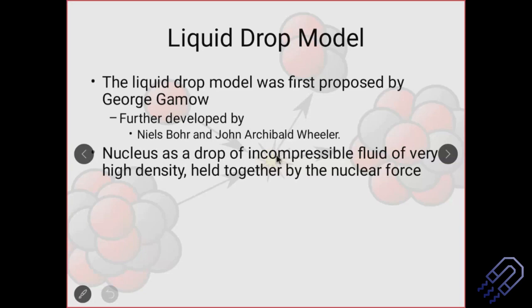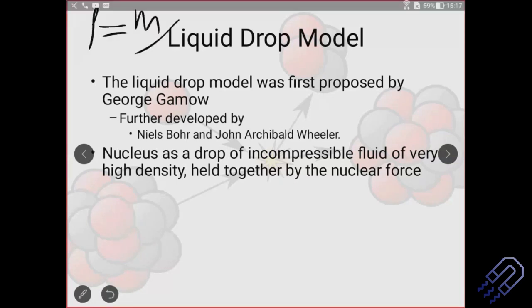Before I go further, maybe I can talk about the density. We know that density is mass by volume. Mass depends on the mass number, so m is directly proportional to A. How do I say it is proportional to A? You can consider the mass of proton and the mass of neutron.